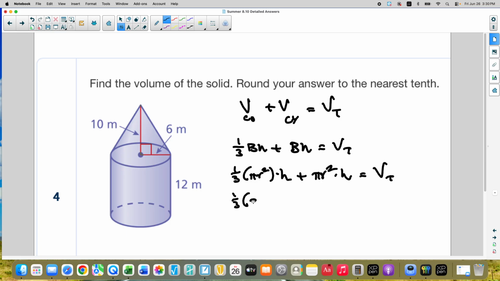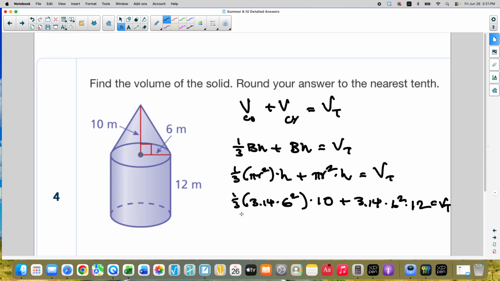1/3 times 3.14 times the radius, which is 6, squared, plus 3.14, oh, forgot the height. Sorry, times the height, which is, the cone has a 10-meter height, plus 3.14 times 6 squared times the height of the cylinder, which is 12.